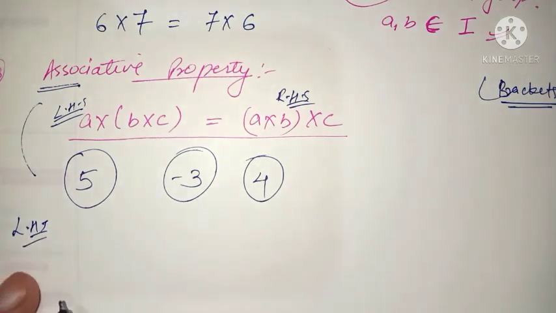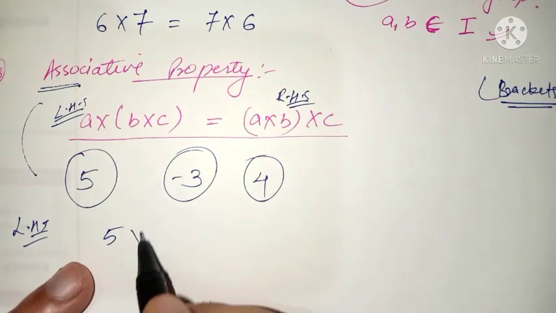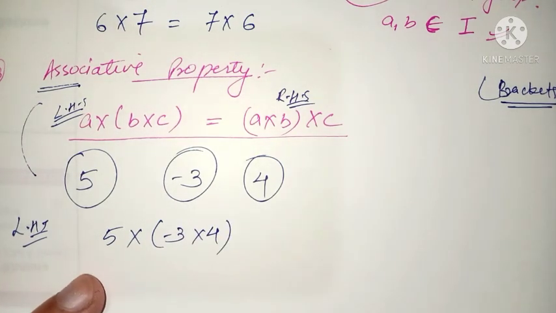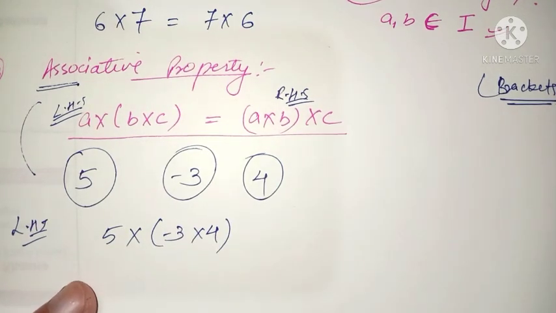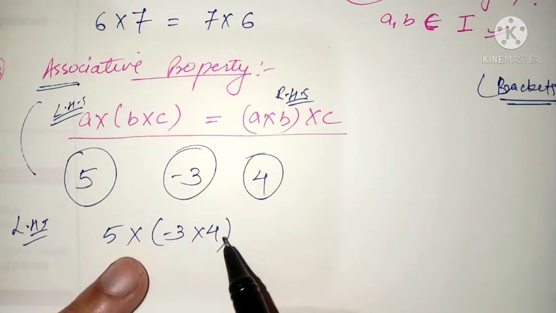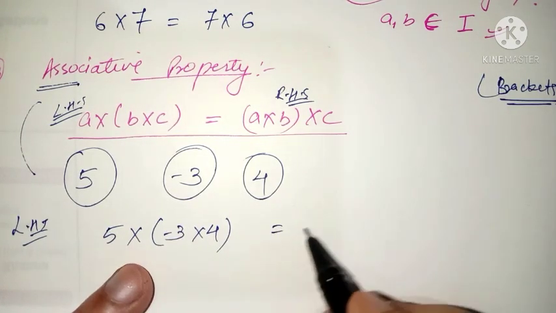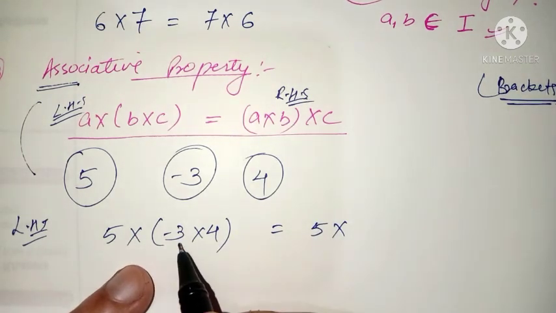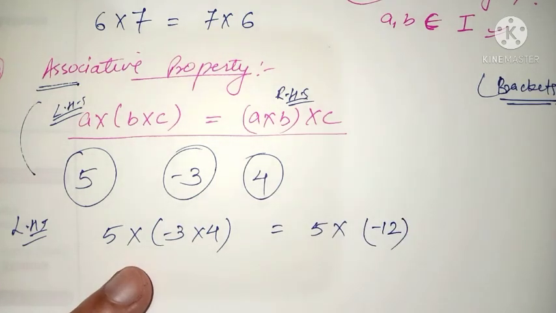LHS will be 5 into, within bracket, -3 into 4. We already know that we solve the bracket first. So 5 will be kept as it is, and this will turn out as 4 threes are 12, so this would be -12.